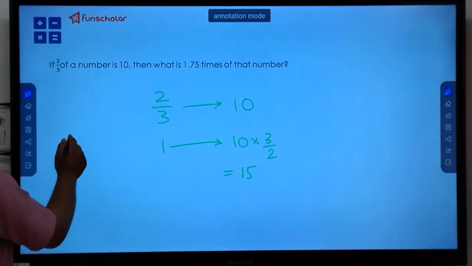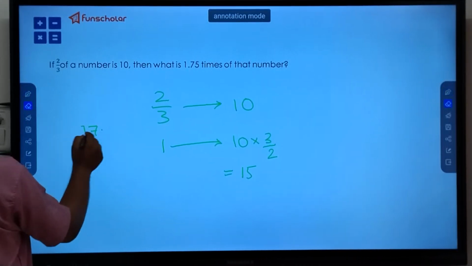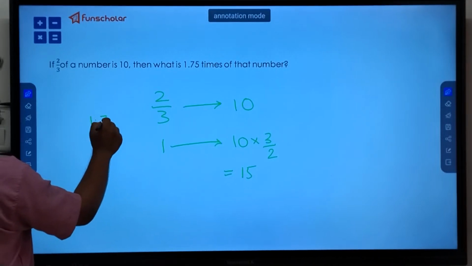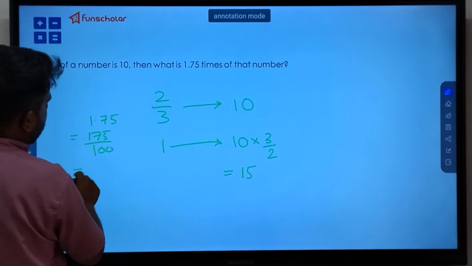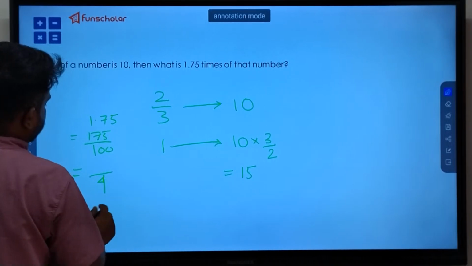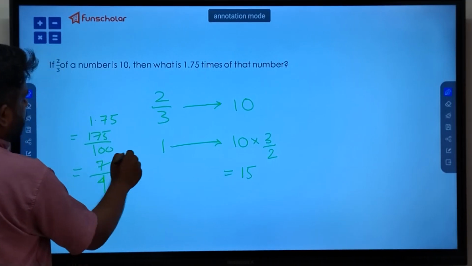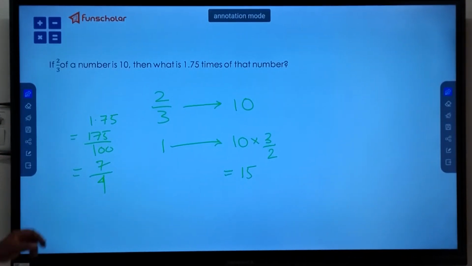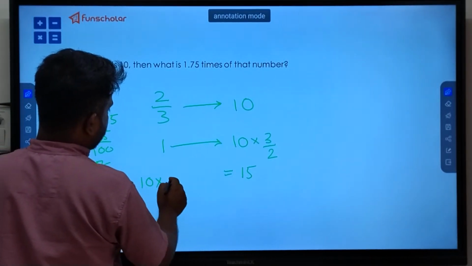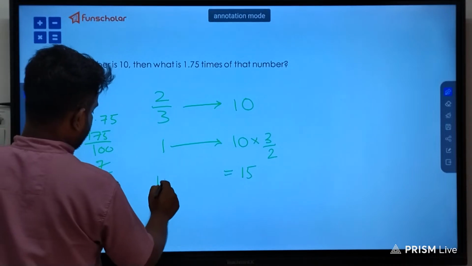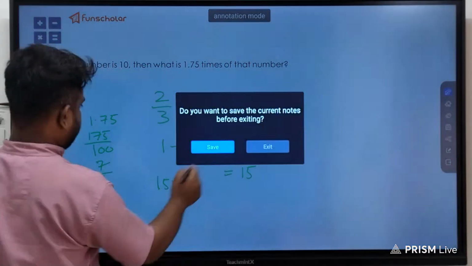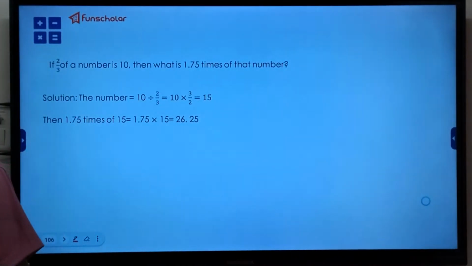Now for 1.75, we can turn it into a fraction, which is 7/4. So we take 15 into 7/4, and it will be 26.25.